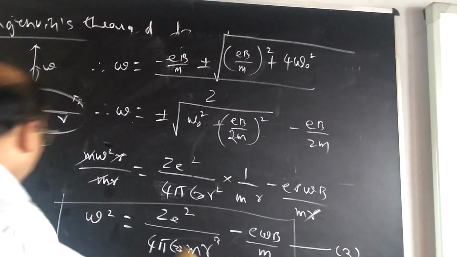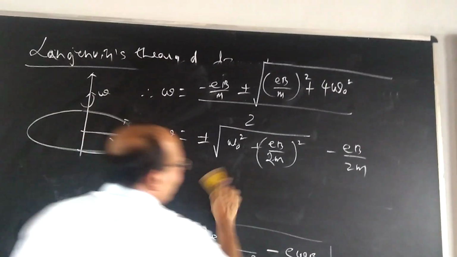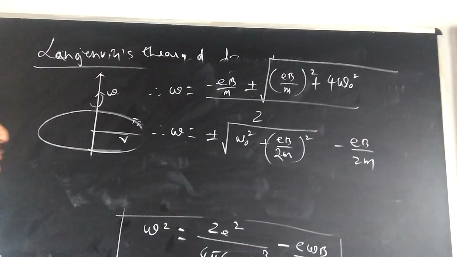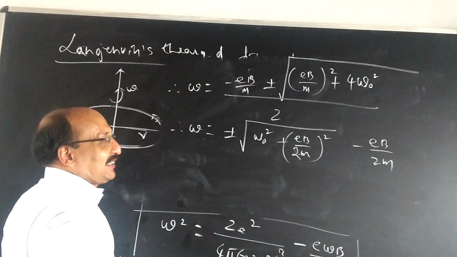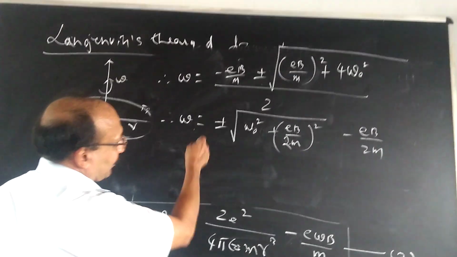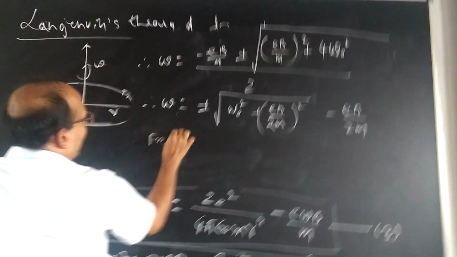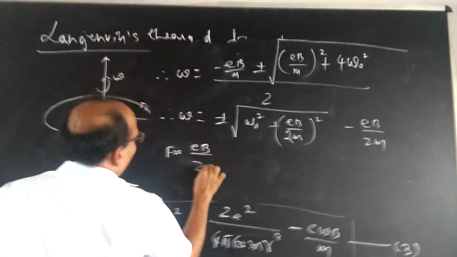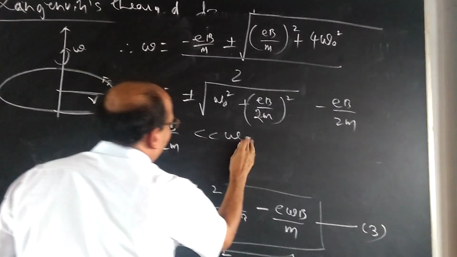So here I can get a condition where eB upon 2m is nothing but the frequency related to the angular velocity, or the quantity itself is an angular frequency. So suppose the quantity eB upon 2m is very much lesser than the quantity omega naught.